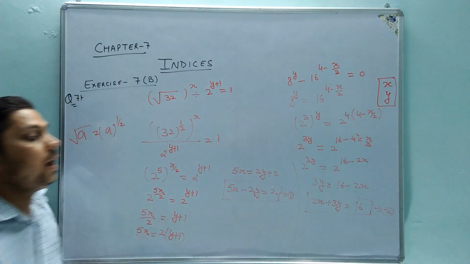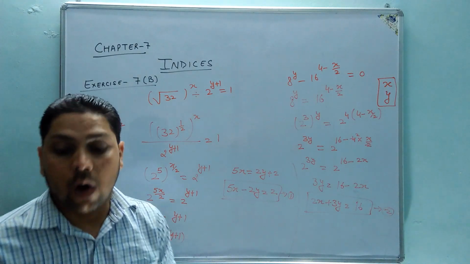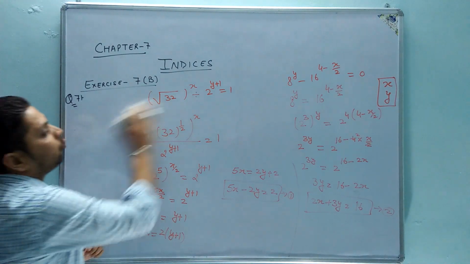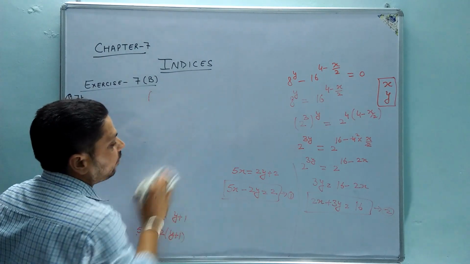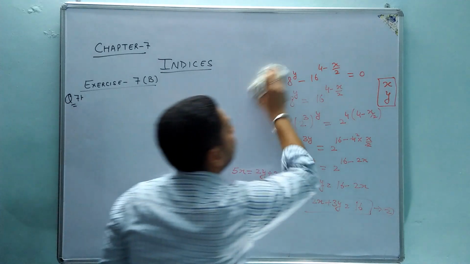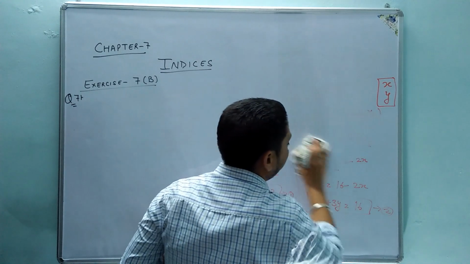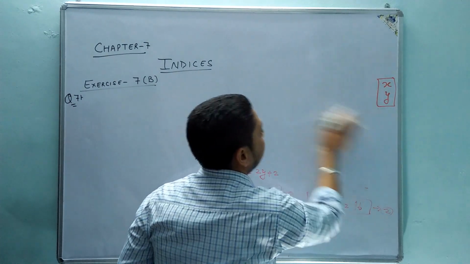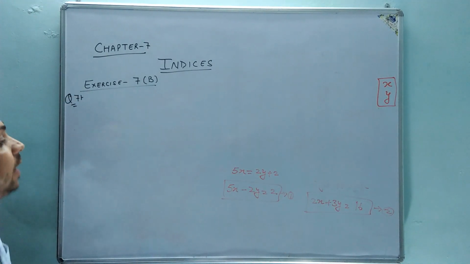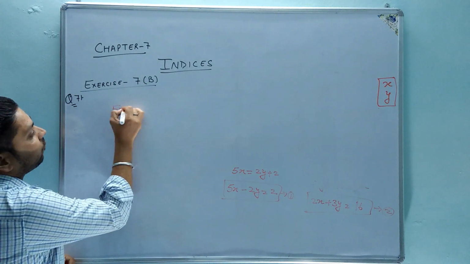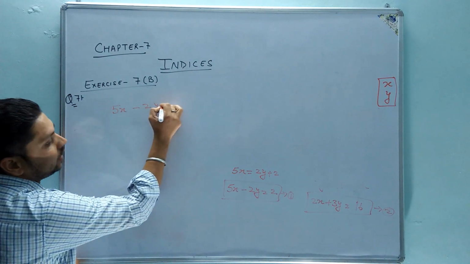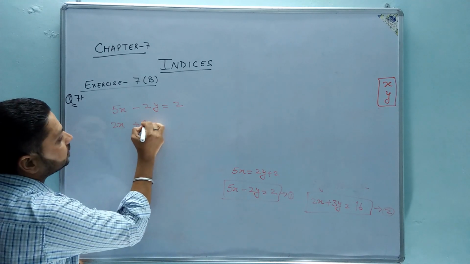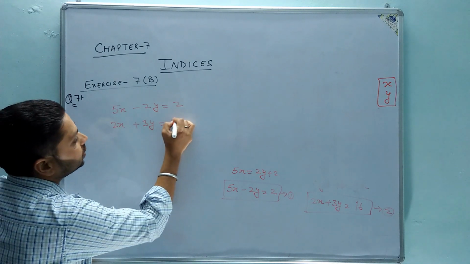We have equation number 1 and equation number 2. Now solve these two linear equations in two variables simultaneously to find the values of x and y. Now rewrite the equations: 5x minus 2y is equal to 2, and 2x plus 3y is equal to 16.